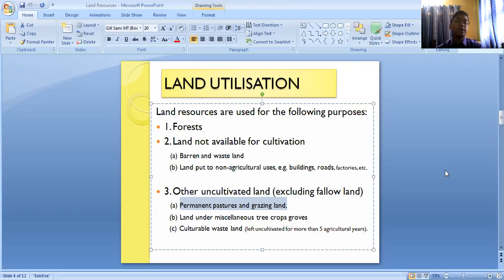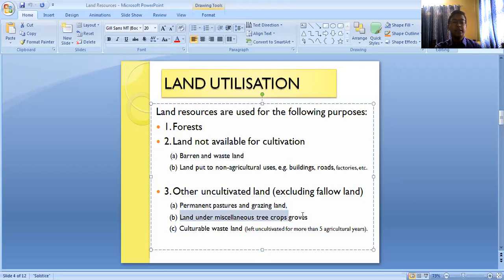In the Himalayan region, and in some of the plain areas also, you will find that farmers use some parcels of land mainly for growing fodder for the animals to feed on. So those lands do not come under the category of cultivated land. The permanent pastures and the grazing land are other uncultivated land.